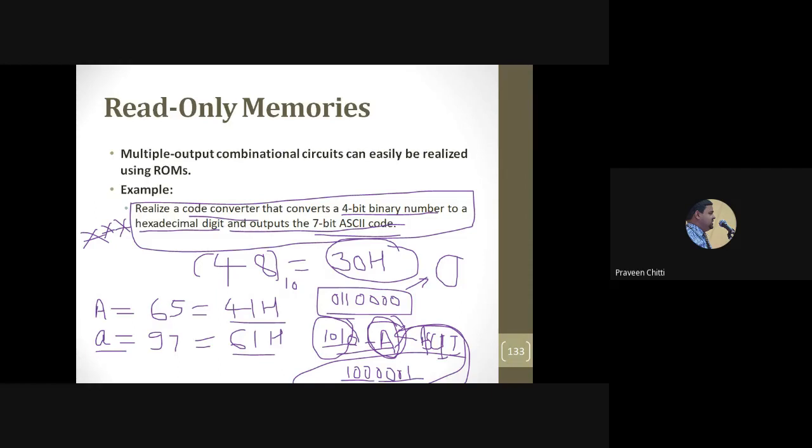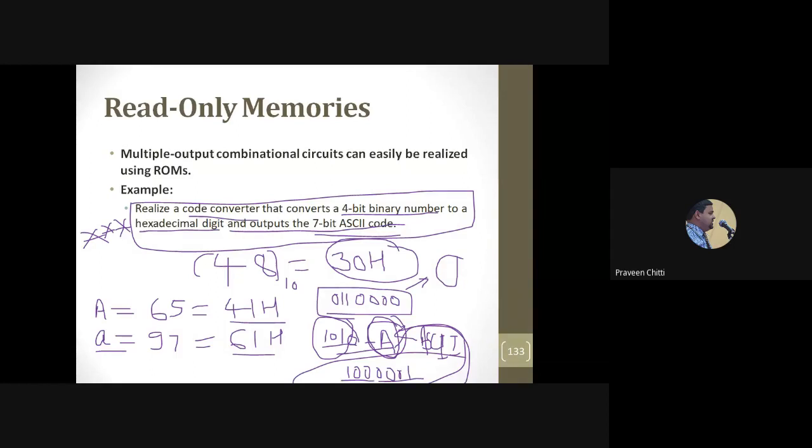I'm not asking for the exact answer, I'll give the exact answer shortly. But what should be your approach to solve this particular example? No idea, sir. So you have not understood the ROM concept, how it should be used to implement.